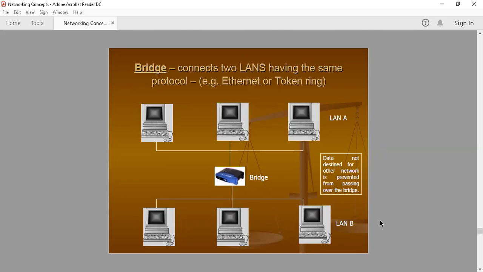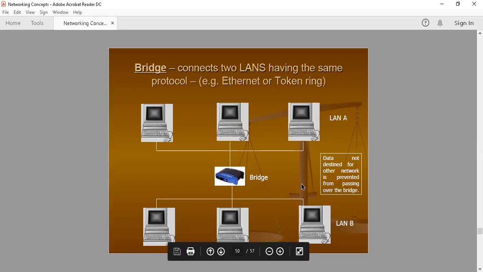A bridge connects two LANs having the same protocol, LAN A and LAN B. LANs having the same protocol, for example Ethernet or token ring, will be connected with the help of a bridge. Data not designated for the other network is prevented from passing over the bridge.